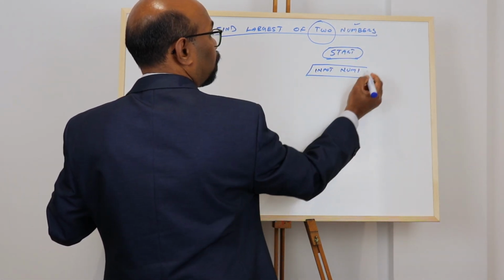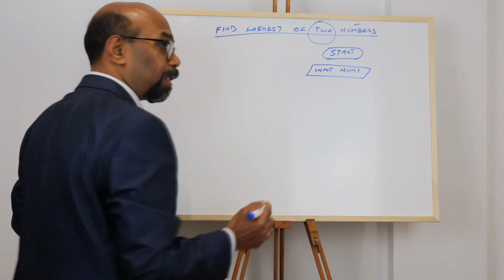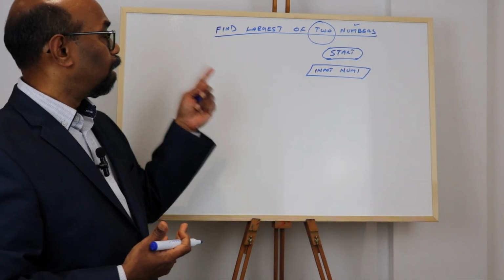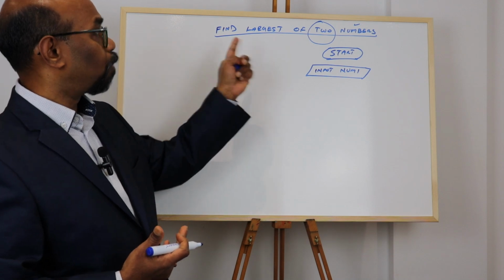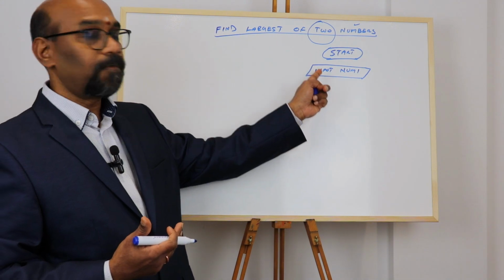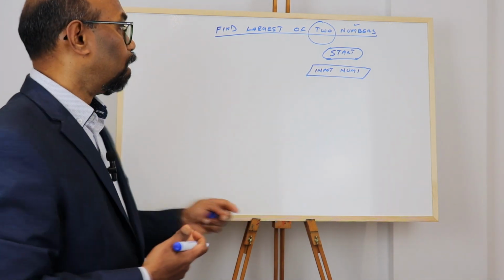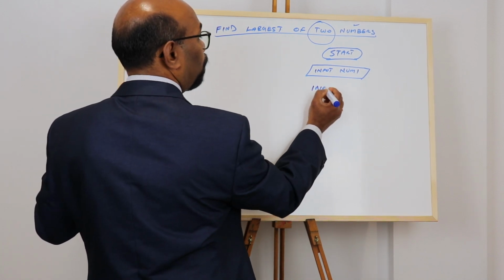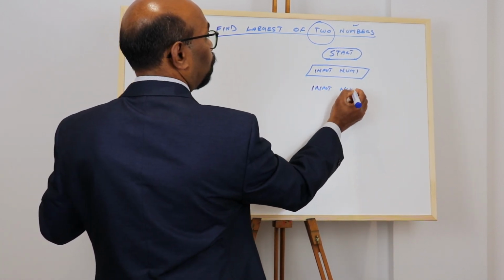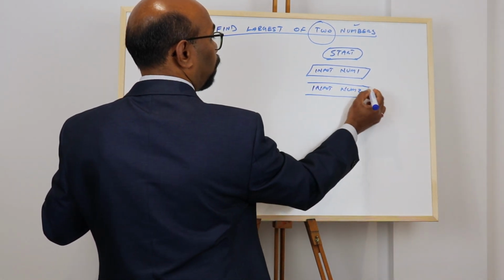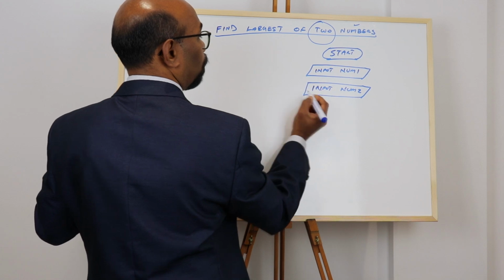If it were a string, we may need string 1, string 2. In this case, since the problem says two numbers, let's call our input variable name number 1. We also need number 2 as input. This is also input, so therefore we need to draw a parallelogram.